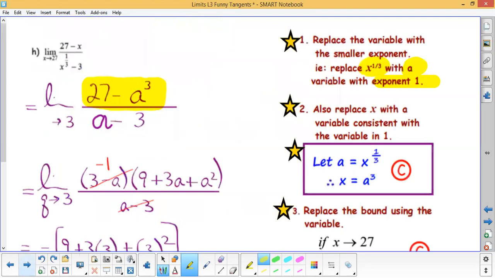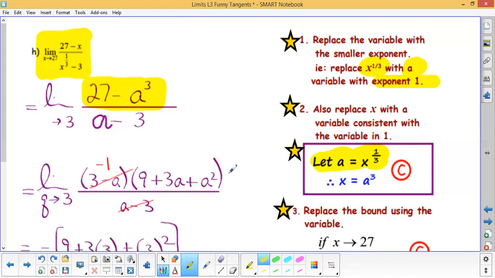Now, I've included this question for you to look at. Obviously, you can solve this question the way it is with a power in it. I don't think I put anything like this on the test, but there might be questions like this in the unit guide where it is possible to say, you know what, this is really tricky for me to tackle. I don't like fractions in the powers, so I'm going to let a be equal to x to the power of 1 over 3.